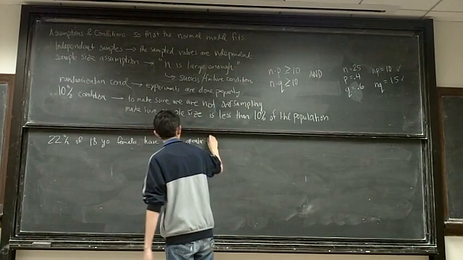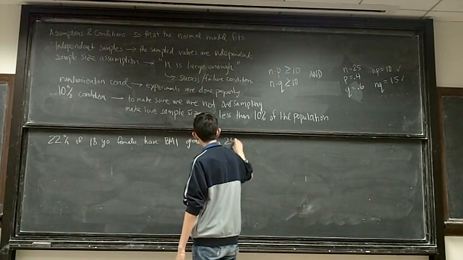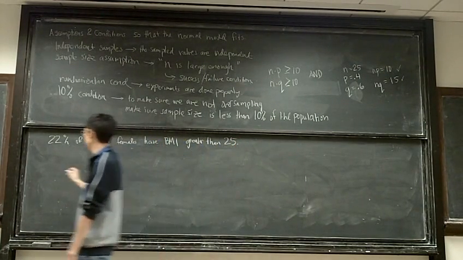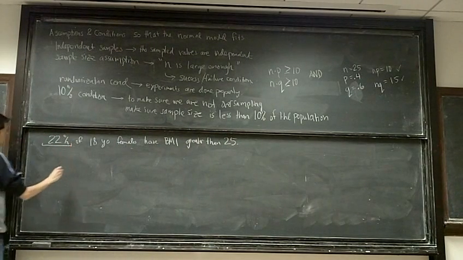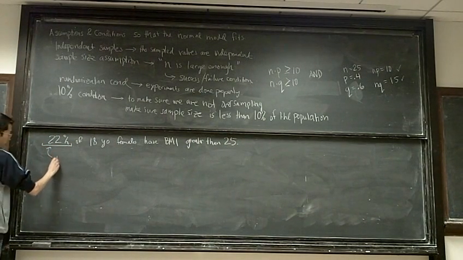This is the population proportion, 22%, that's the population proportion P.